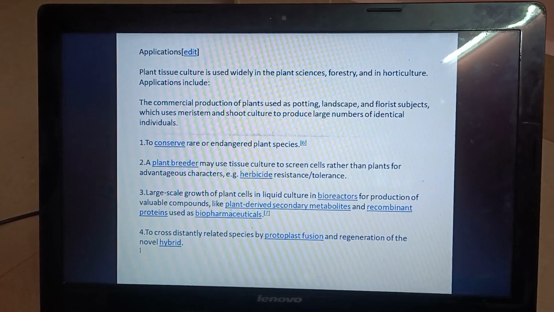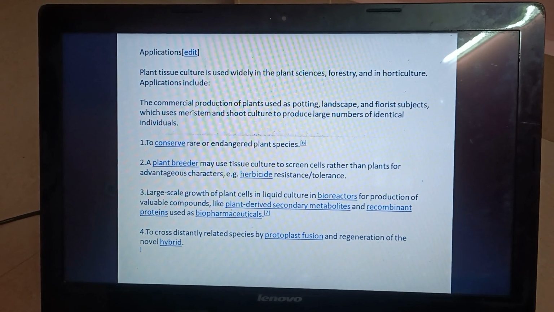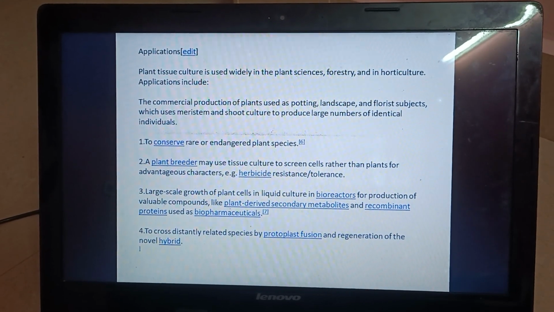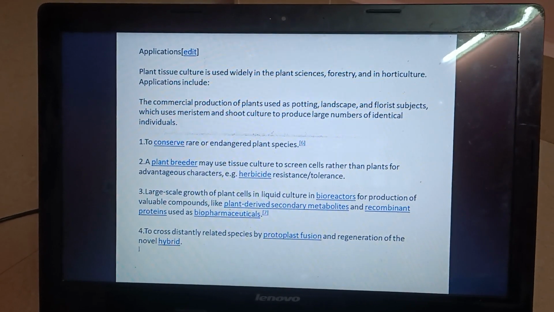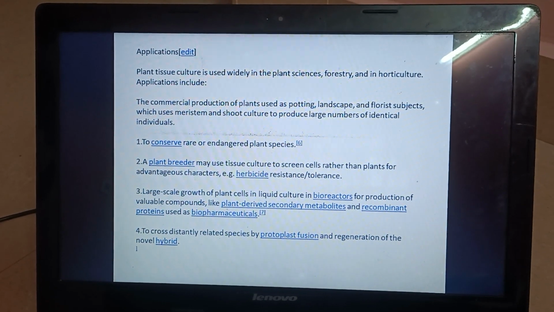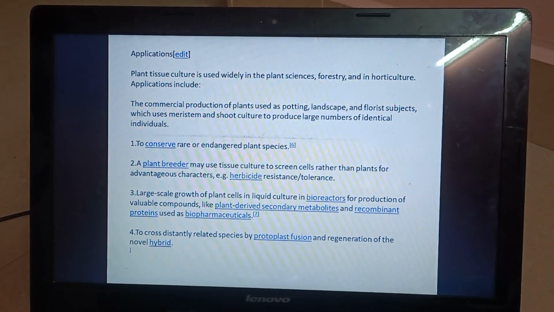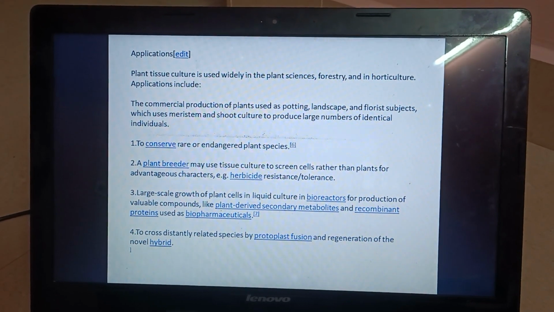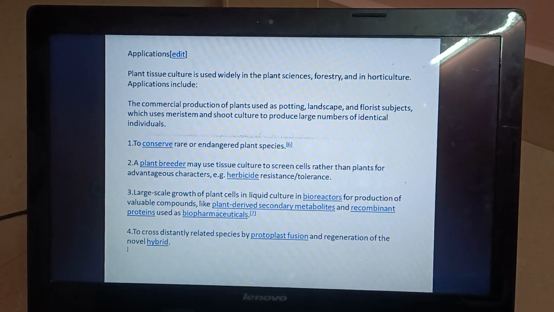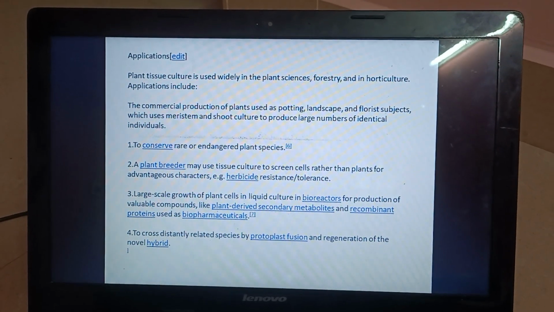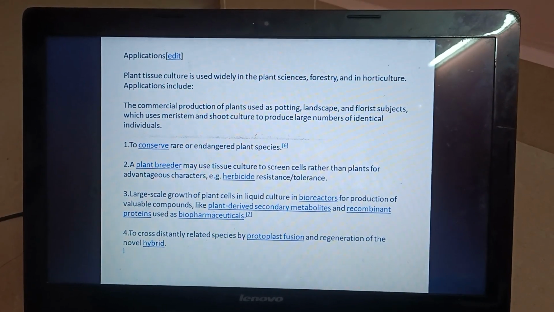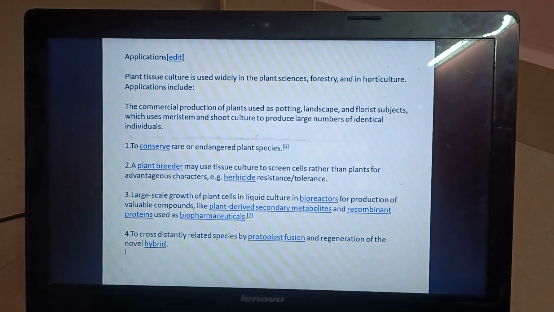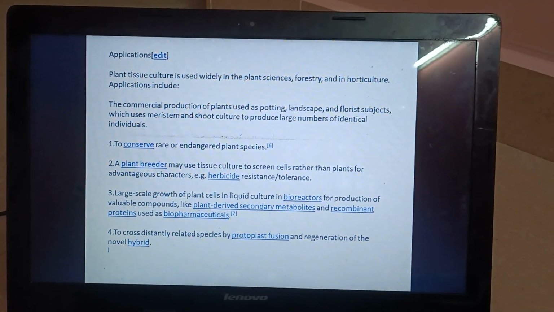Okay, we need large scale growth of plant cells in liquid cell culture bioreactors for production of valuable compounds like plant derived secondary metabolites and recombinant proteins used in biopharmaceuticals. See, we need to use the commercial values of plants. Plants have some commercial purpose.